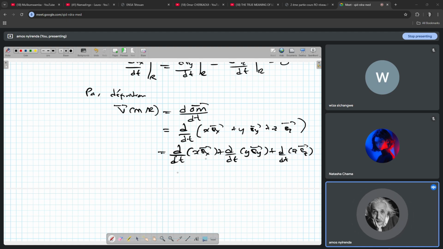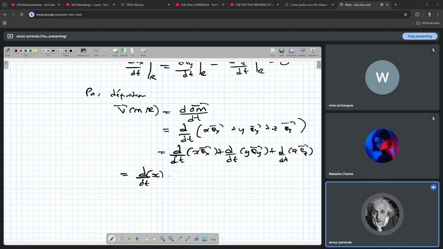So when we're taking the derivative, we have to differentiate one first and leave the other one, and then differentiate the other one later on and leave the first one. So when you have a product of functions, we have d/dt of x, and then we leave the EX.